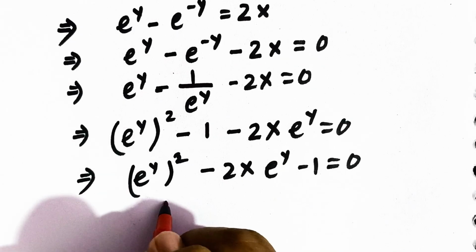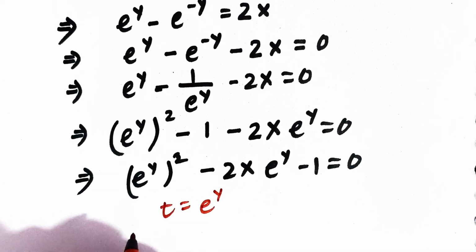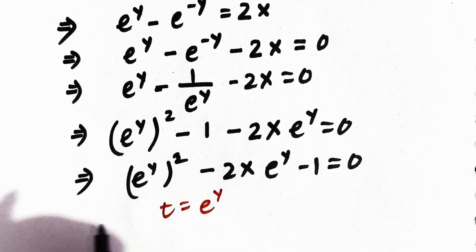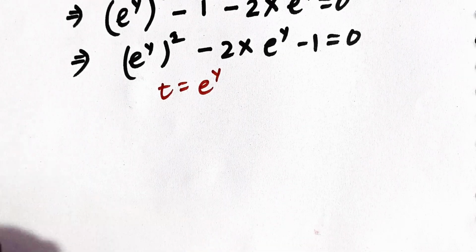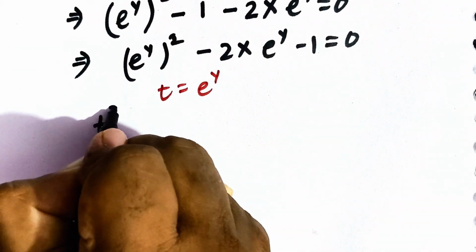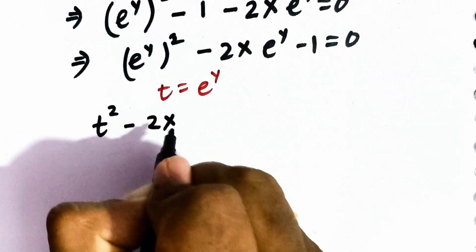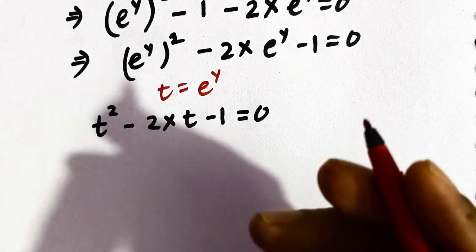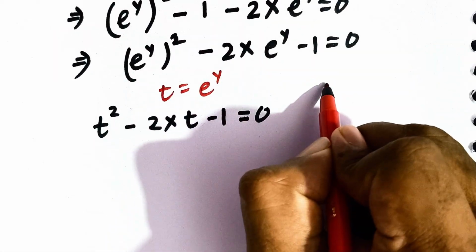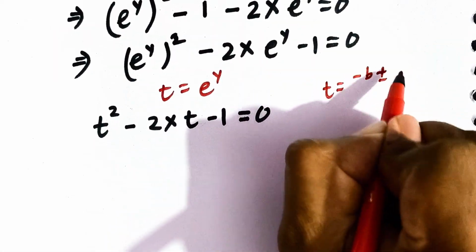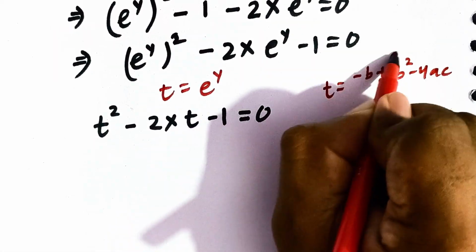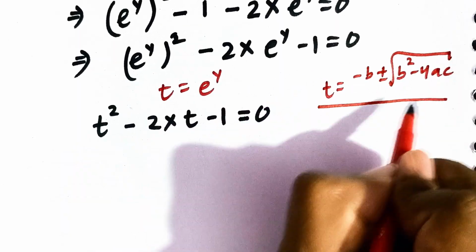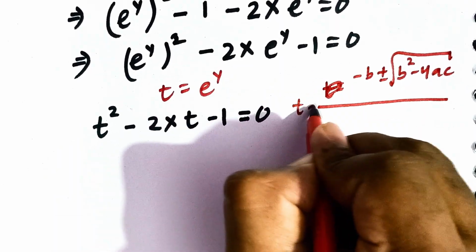Let's put t equals e^y. So our equation becomes t² − 2x t − 1 = 0. We will apply the quadratic formula where t equals (−b ± √(b² − 4ac))/2a.